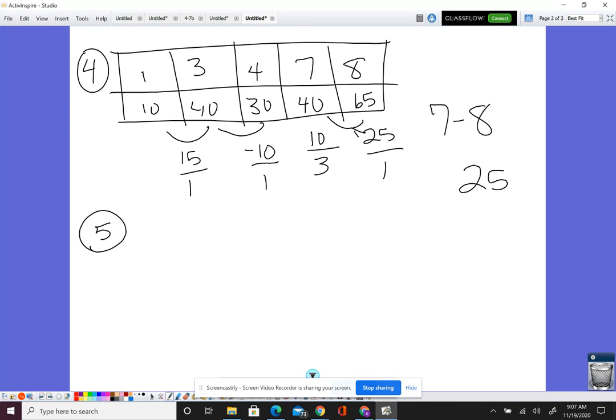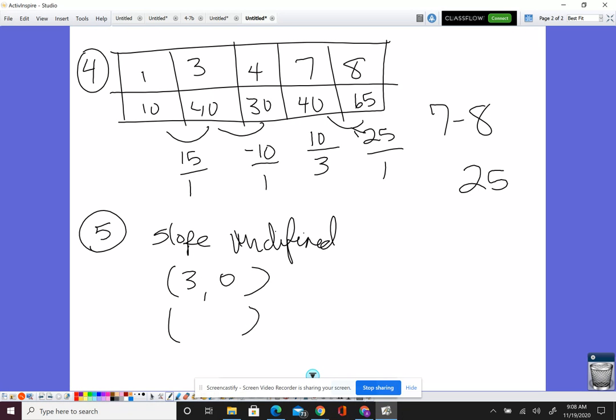Number 5, it's a vertical line. Thinking about how you climb that line, you have to have some assistance to climb it, like spikes into the side of the mountain. So the slope of a vertical line is undefined. If you can't think of it that way, pick some points on that line: 3, 0 and 3, 2.